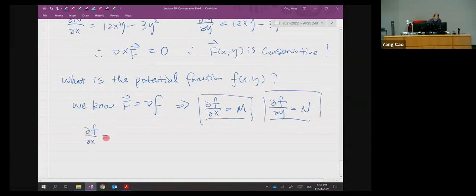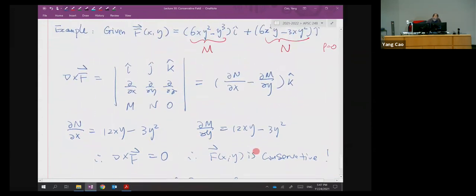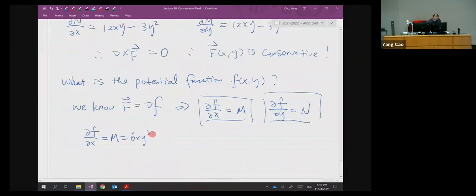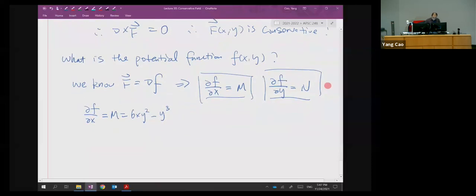Partial f partial x equals M. What's M? We already have it. M is 6xy squared minus y cubed. So this is your M. When you calculate the partial derivative with respect to x, what do you treat y as?